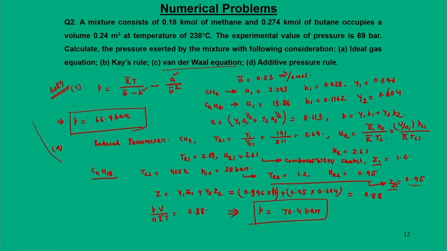So, if you make a comparison, P is 80 bar, which is predicted by the ideal gas. P is equal to 70.4 bar, which is predicted by the K rule and the pressure rule.